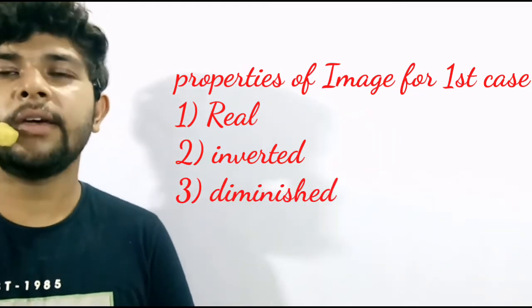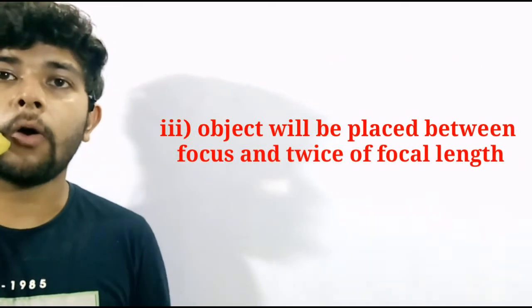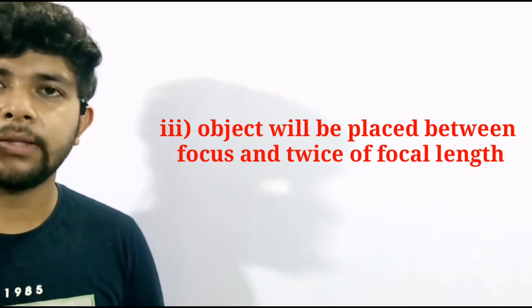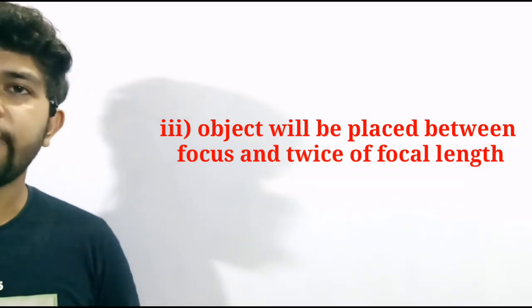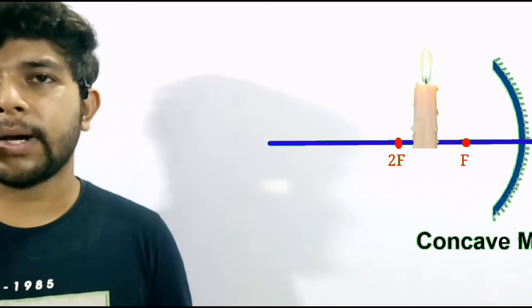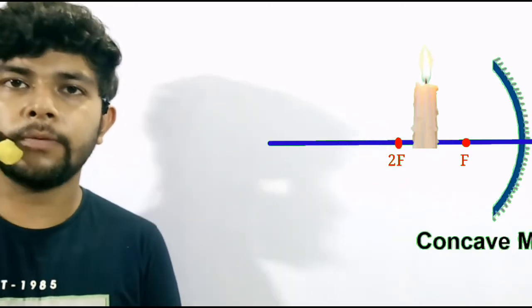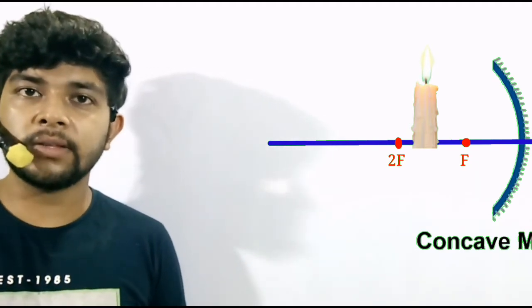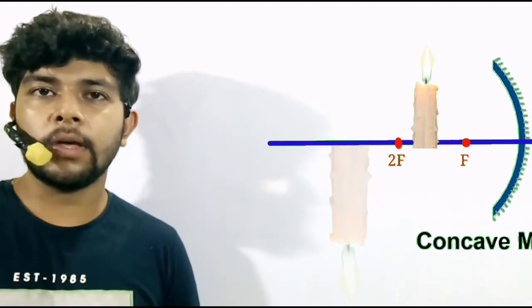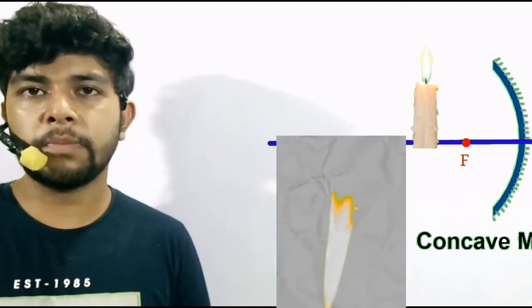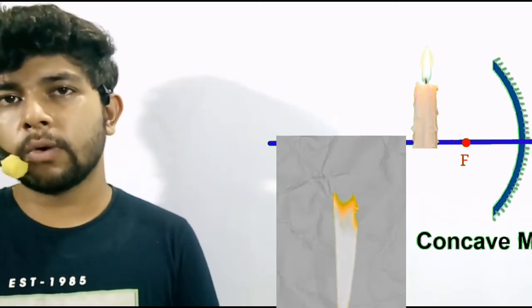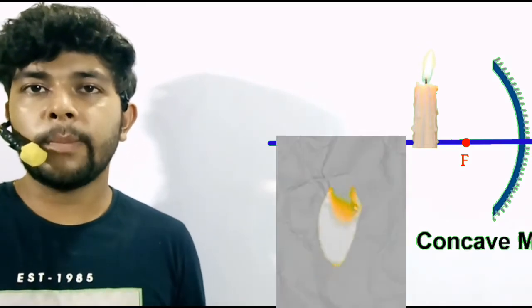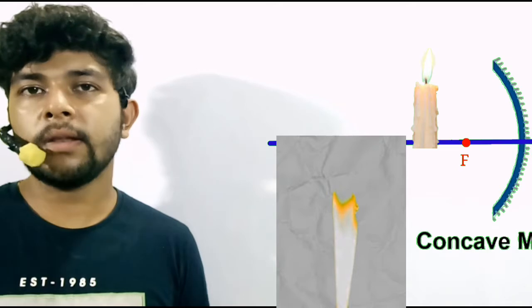Now we will study what happens if we put the object between the focus and twice the focal length. In this case, if you bring the paper, that means the screen, in front of the concave mirror to get the sharp image, you will find that the image is formed just behind the previous one, and the image is magnified.